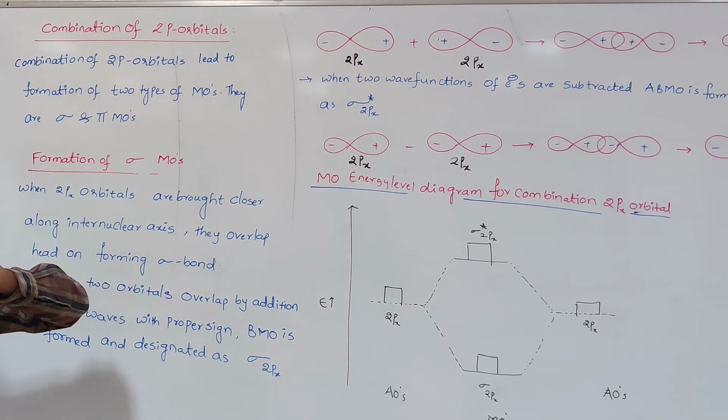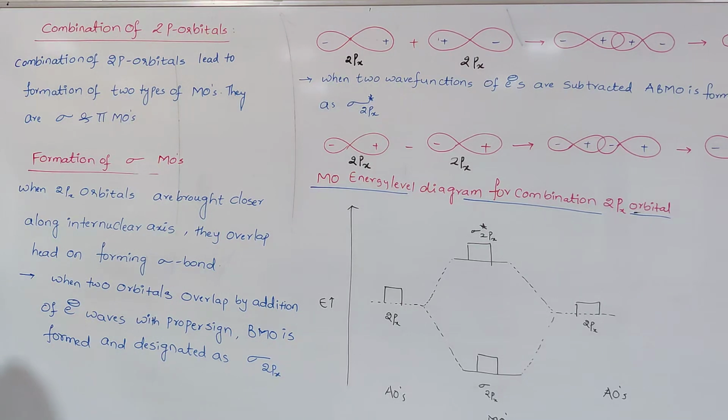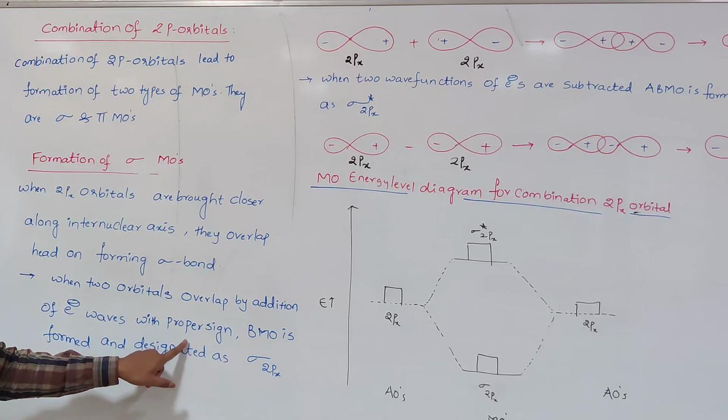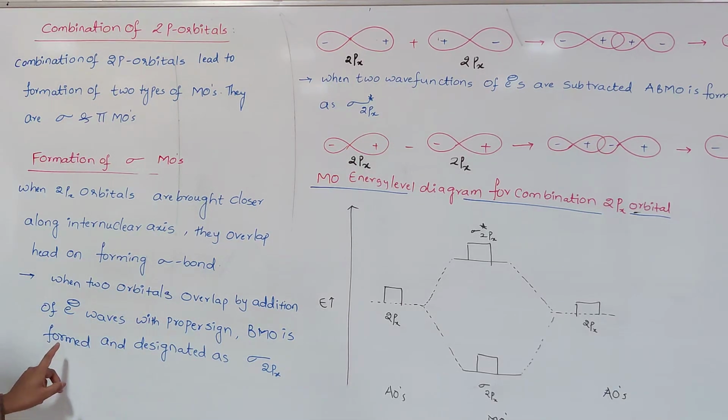When the 2px orbitals are brought close to each other with the same sign, that results in the bonding molecular orbital. With different signs, that is subtraction, it results in the anti-bonding molecular orbital. So that is what I have written here. When the two orbitals overlap by addition of electron waves with the proper sign, a bonding molecular orbital is formed.